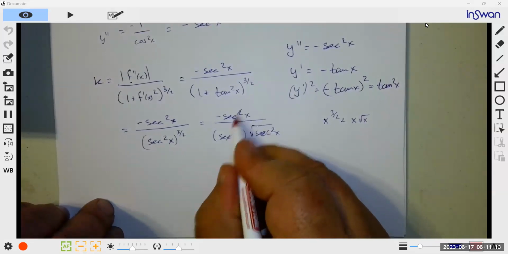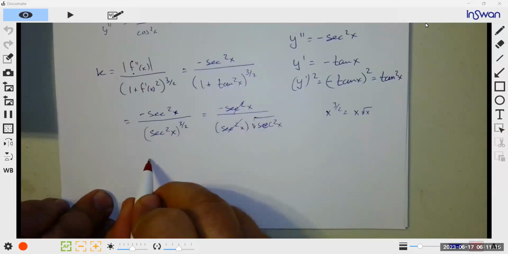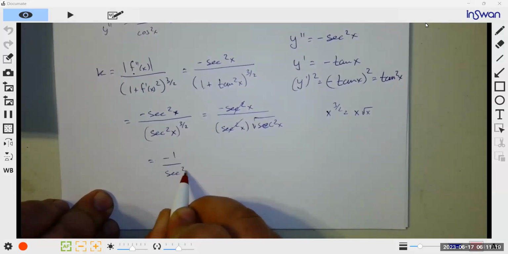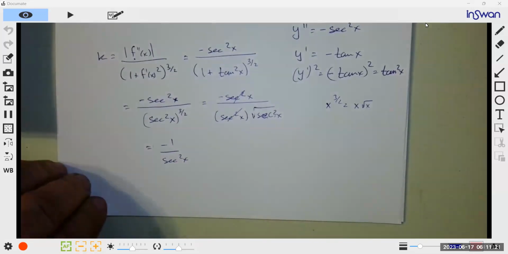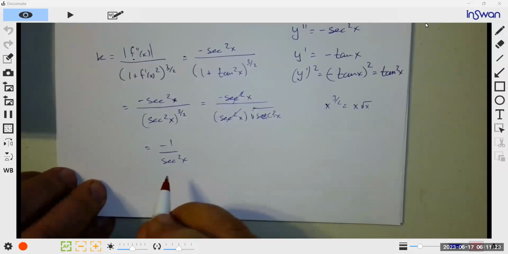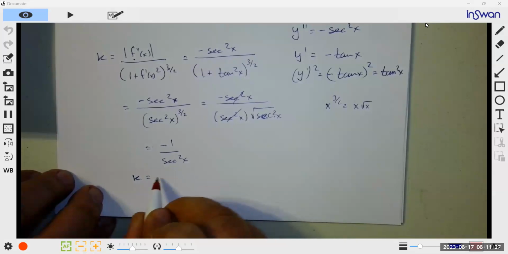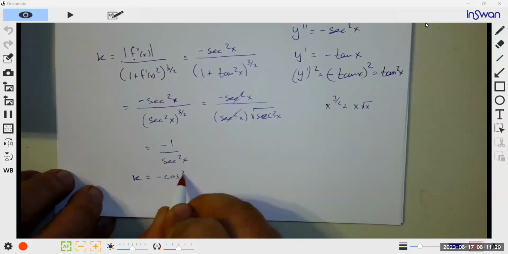So the secant squared x cancel. We're left with negative 1 over secant squared x. Secant is 1 over cosine squared, so it's negative cosine squared x.